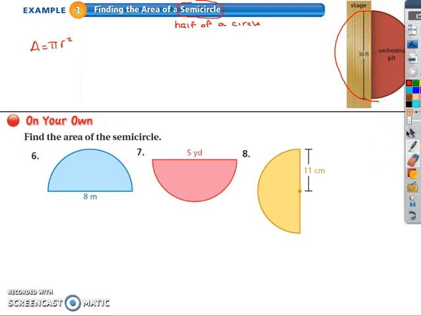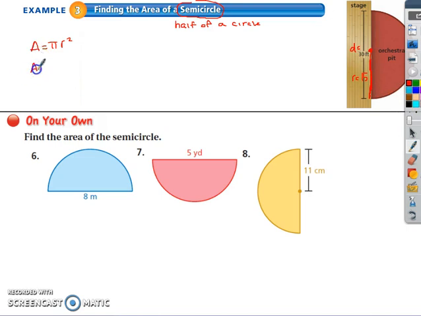First, I need to find my radius. So my radius is the distance from the center to the outside. Notice that this distance here goes all the way across the circle. I only want from the center to the edge. So that's going to be half of that distance. The whole distance is 30, so my diameter is 30, which means my radius is only half of that, which is 15 feet.